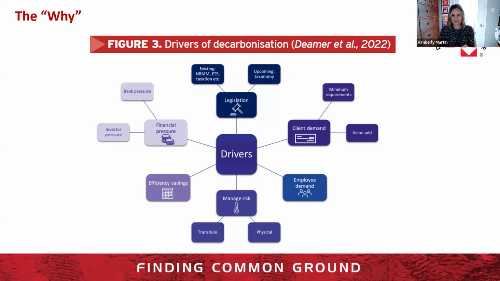We certainly may see client demand, which could come from clients making promises to their investors and stakeholders, but also may come from legislation. And the legislation may, in some cases, like in the fuel side of things, directly impact us. And in other cases, it may trickle down from our clients. So there are a lot of drivers coming from a lot of directions.